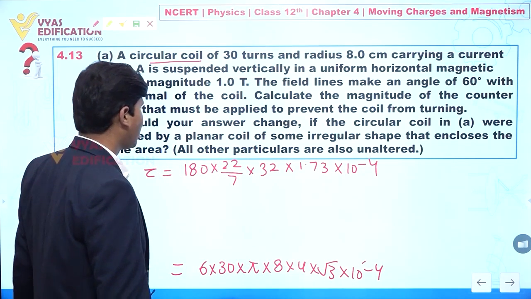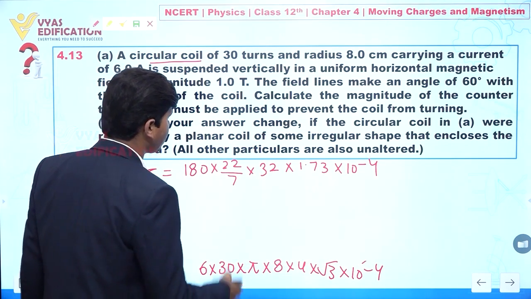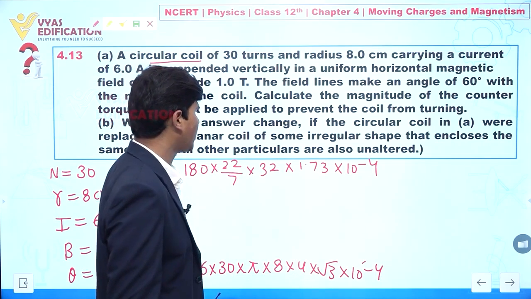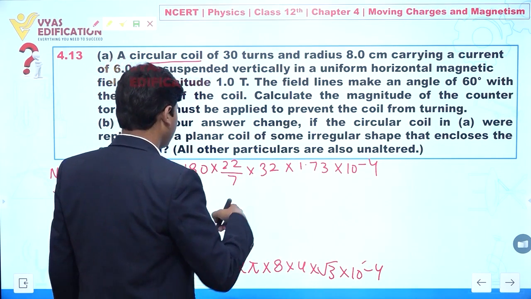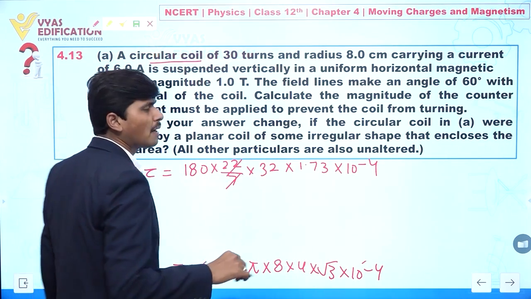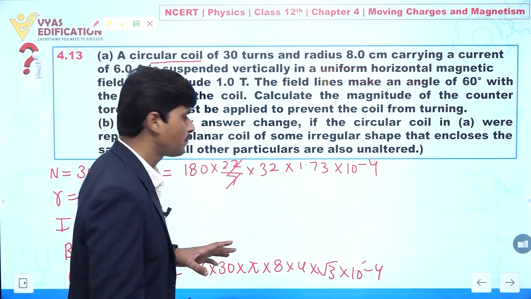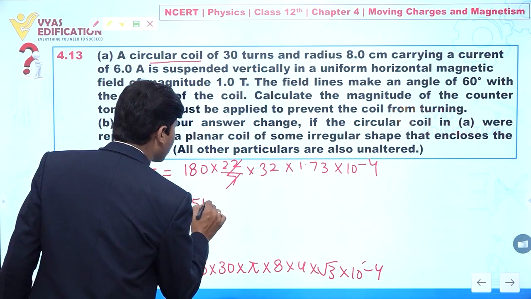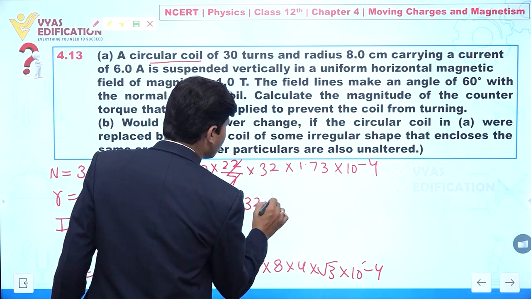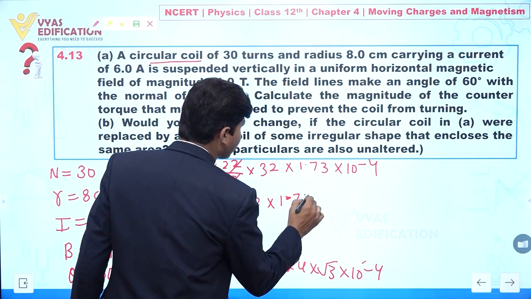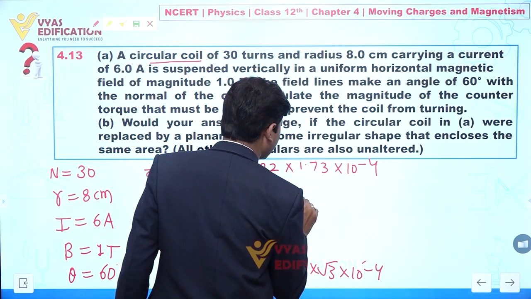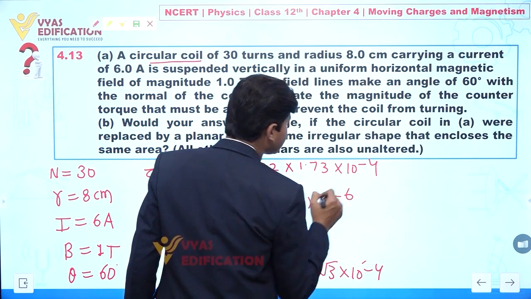How can we calculate? I am taking the approximate value of pi as 3. So this is 540 into 32 into 1.73, or you can write it as 173 into 10 to the power minus 6.